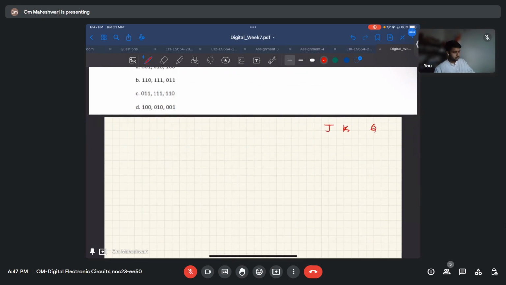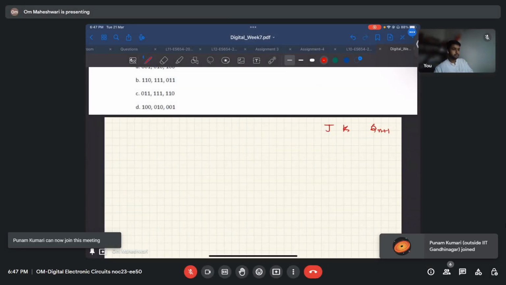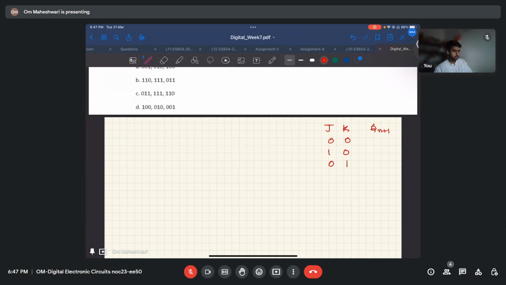J K Q plus 1. 0 0 Q, 1 0 1, 0 1 0, 1 1 Q bar. 0 0 means hold, 1 0 means set, 0 1 means reset, 1 1 is toggle. This is the truth table of JK.